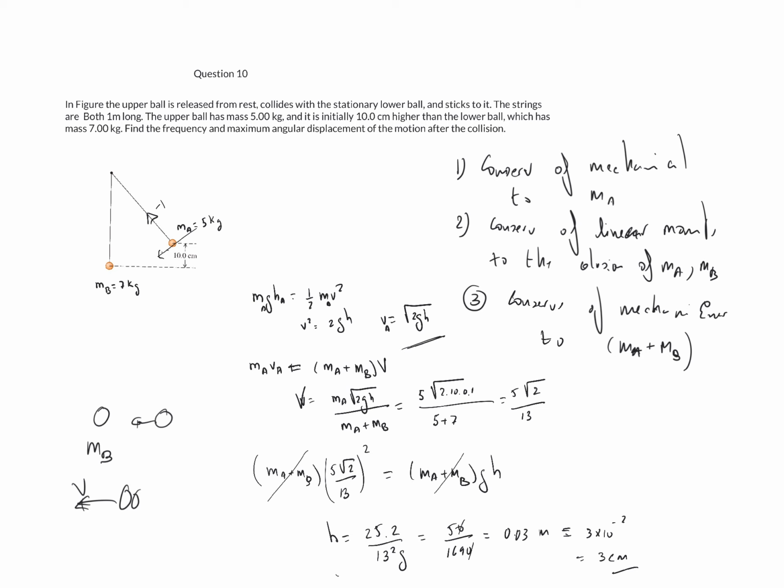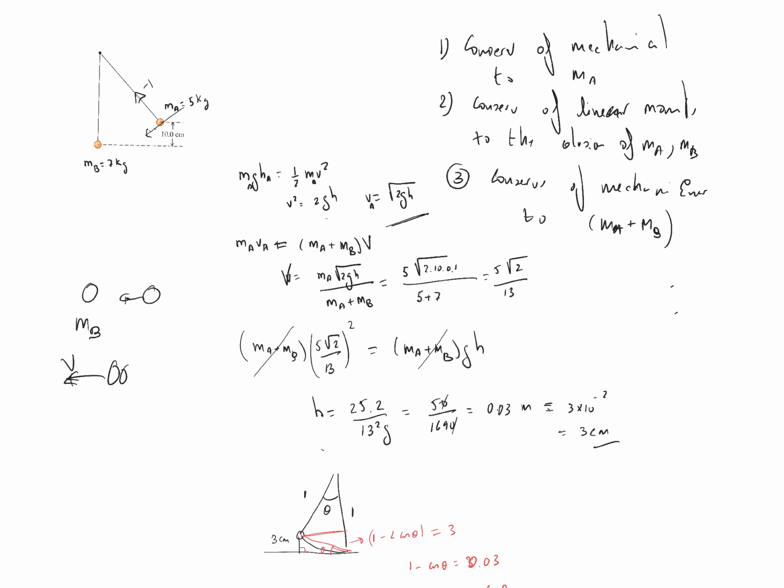If you plug in numbers, you will find this number. And the second equation that you need to use to find the elevation of the mass MA plus MB is to apply conservation of energy, the third one. So if you apply conservation of energy, we'll say 1/2 the mass times the velocity squared. The mass, MA plus MB, times the velocity squared, equals MA plus MB times g times h, the maximum h.